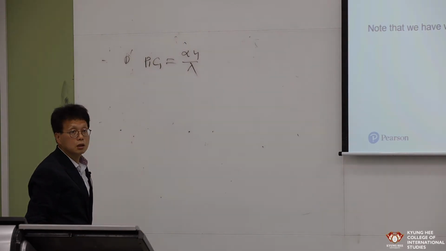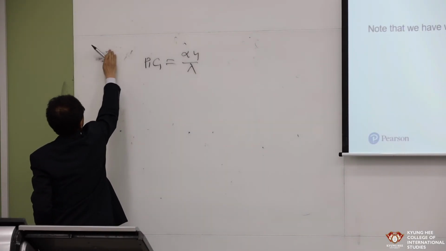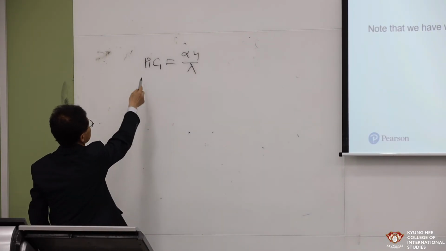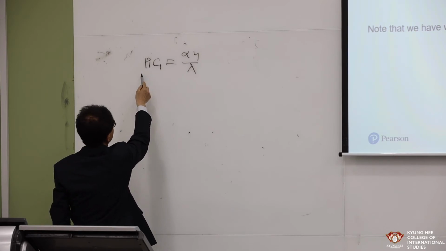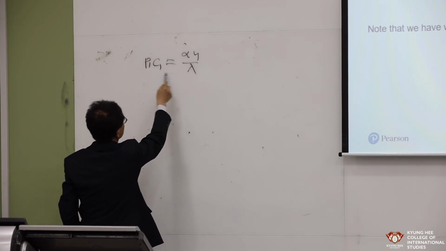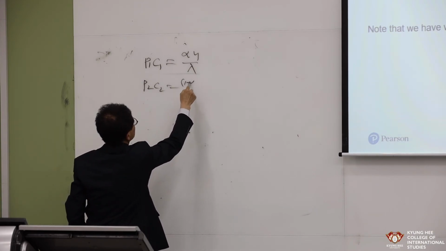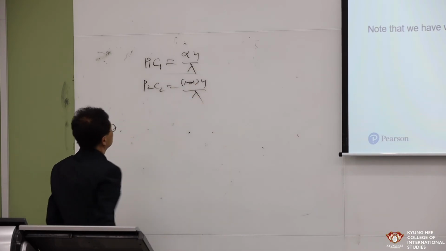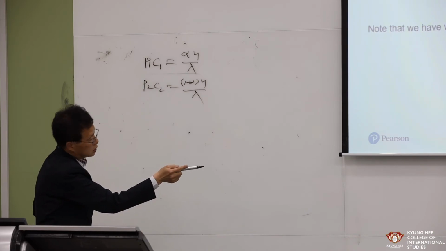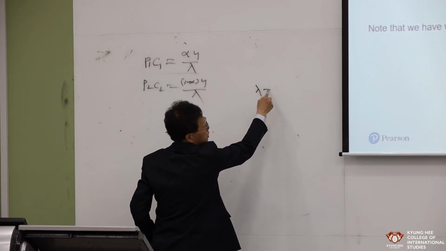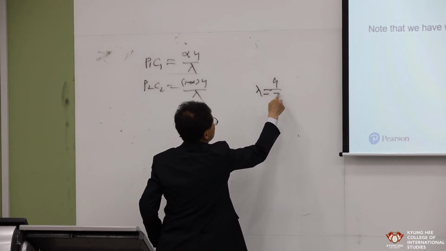Right? From the side, I said the first order condition for P1 is this one. The second one is P2C2 is equal to 1 minus alpha U over lambda. And finally, I said lambda is equal to U over I.